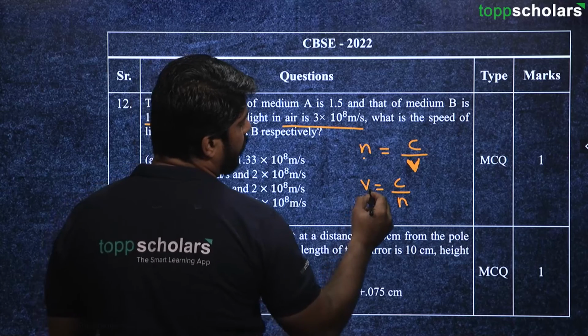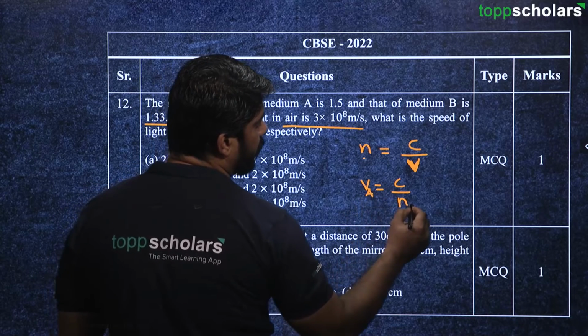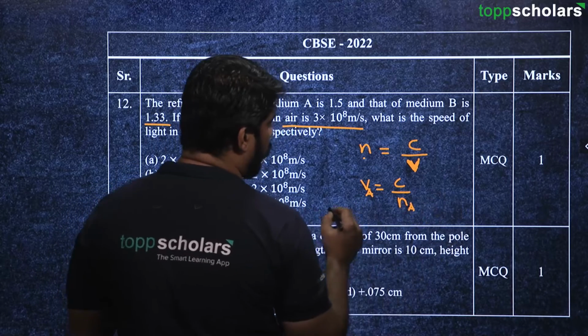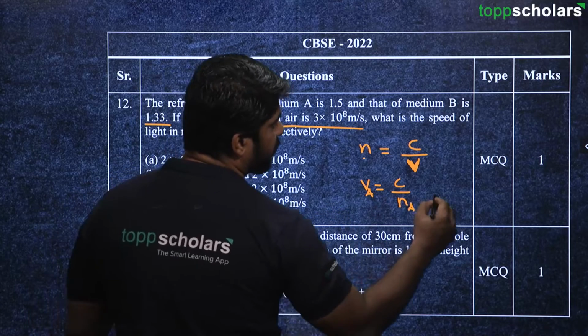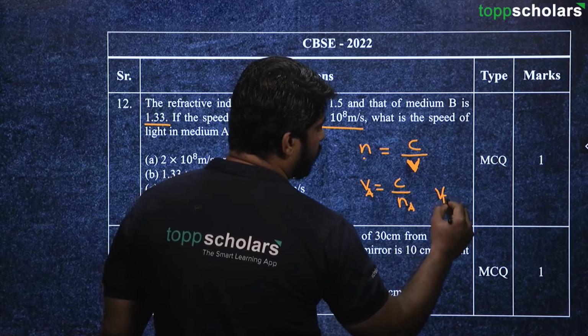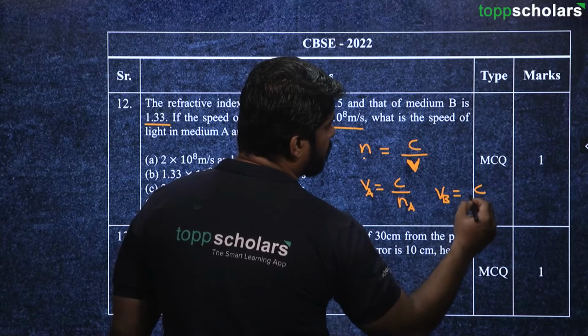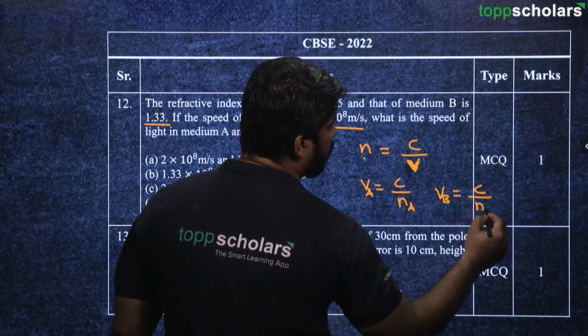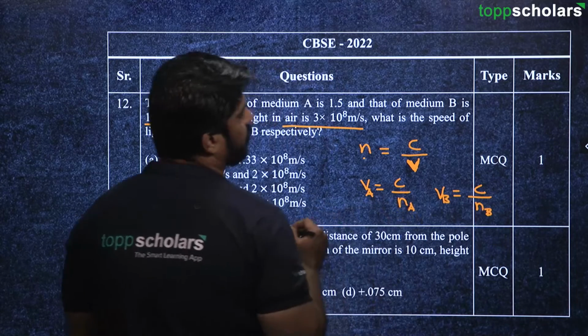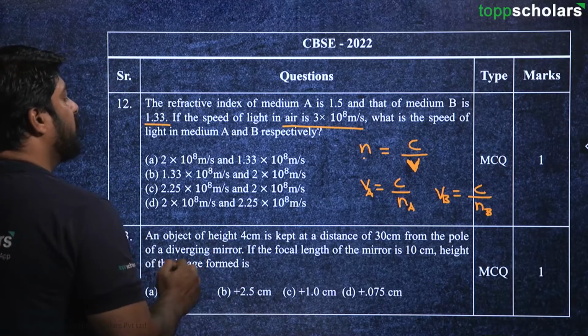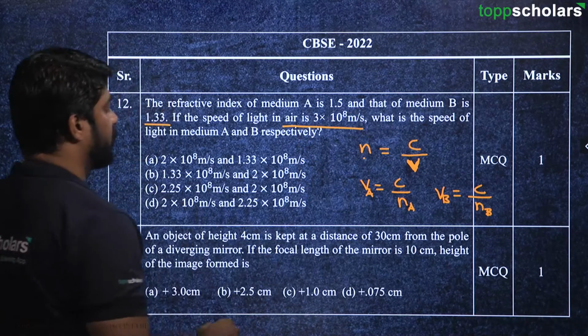So here we can write this formula for medium A as well as for medium B. Is it? VB = C/NB. Okay, easily we can calculate by putting all these numbers.